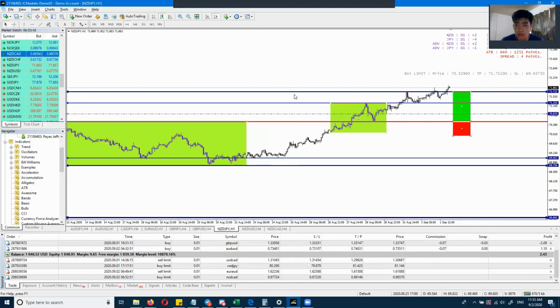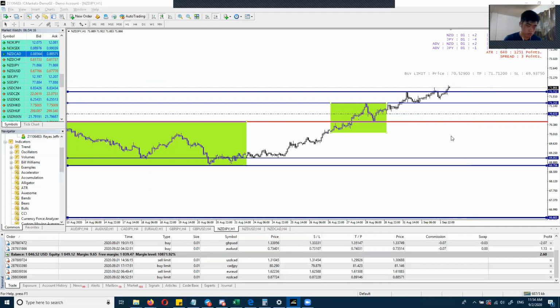So pullback area, pullback makikita ko is itong 71.255. And then SL is 61, so at least 30. So at least 30 pips.